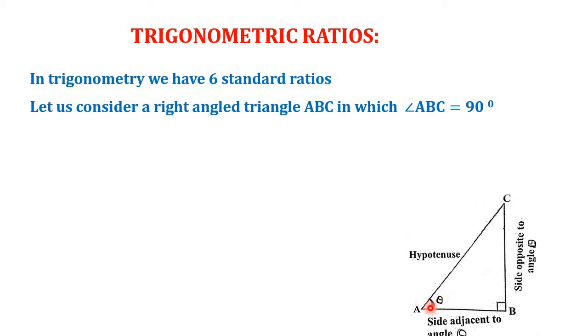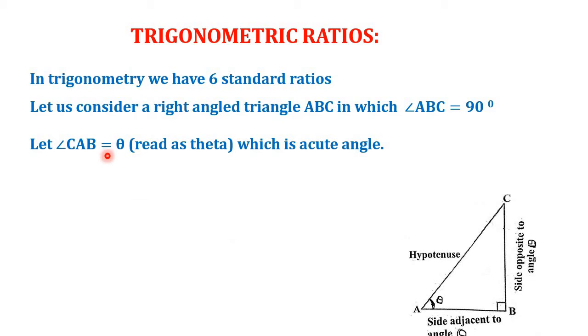Next, here angle A is there, which is theta. The side which is opposite to the angle theta is called the opposite side. The remaining side, which is adjacent to angle theta, is called the adjacent side.